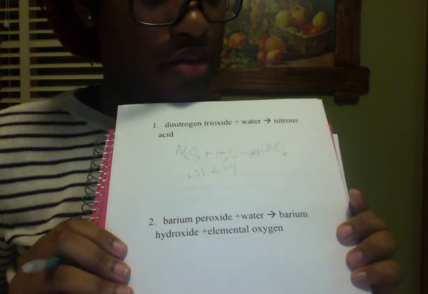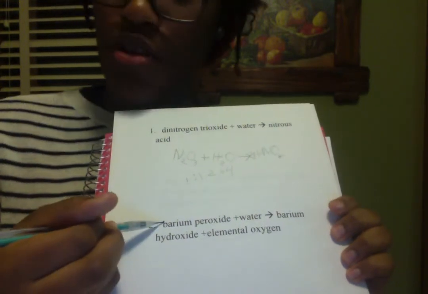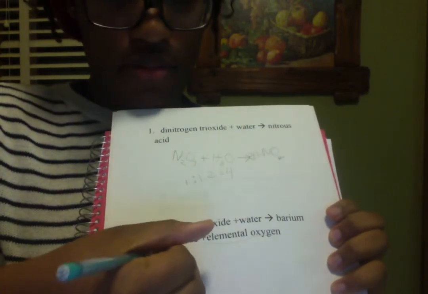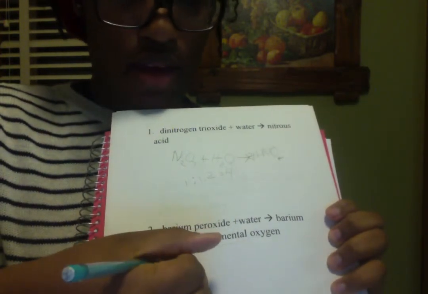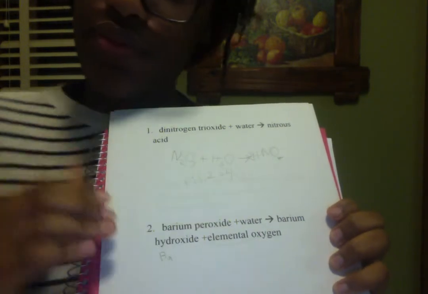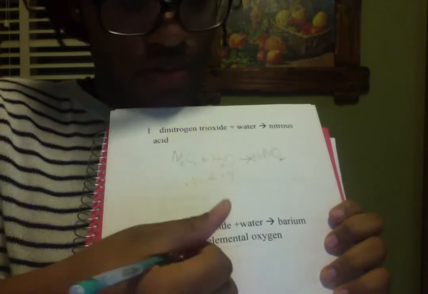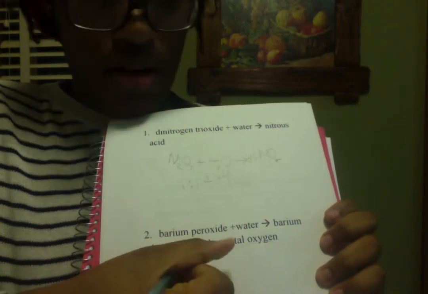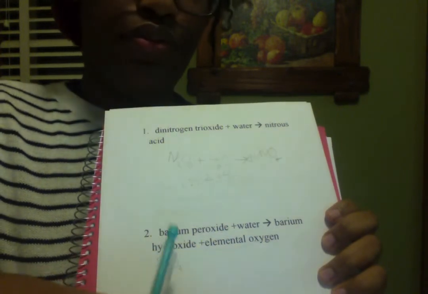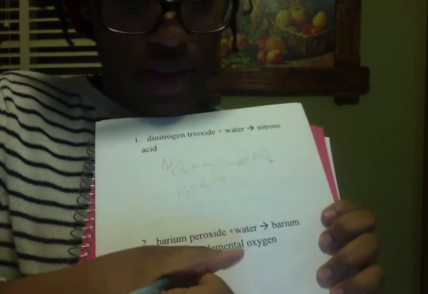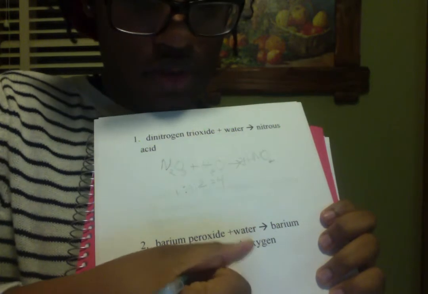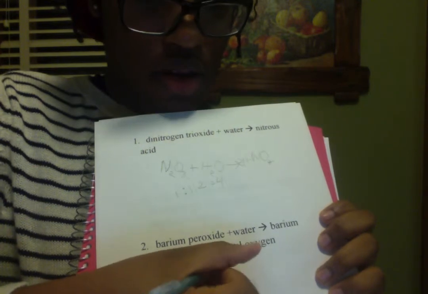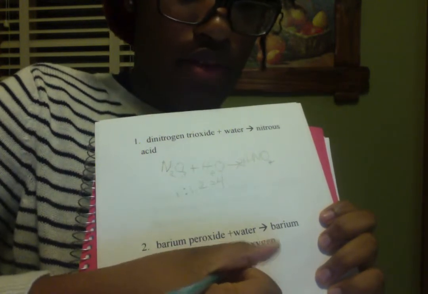First you write the reactants, which is barium peroxide, so that is BaO2, plus H2O, which is water, and then you draw a line for your products.